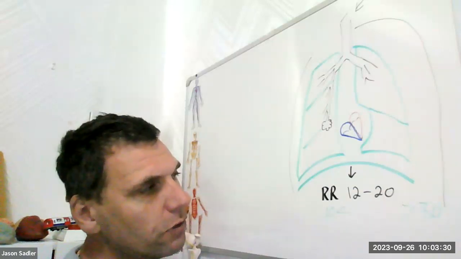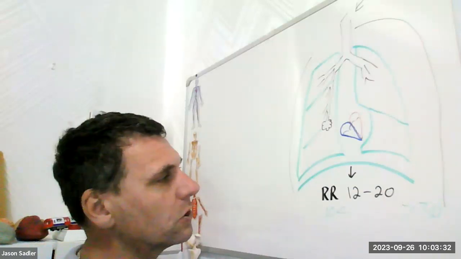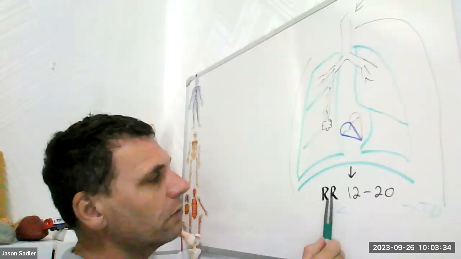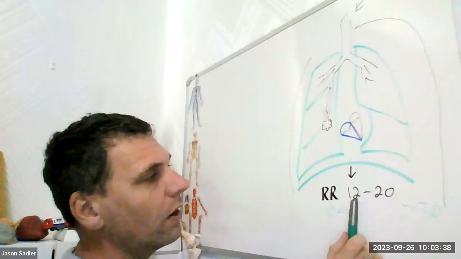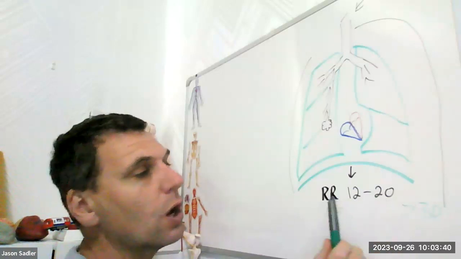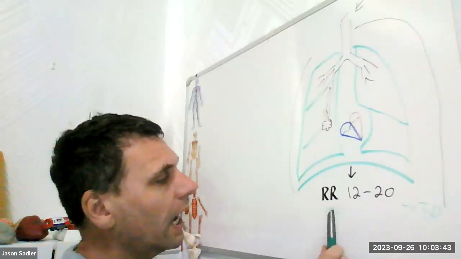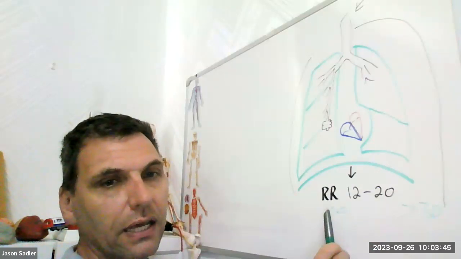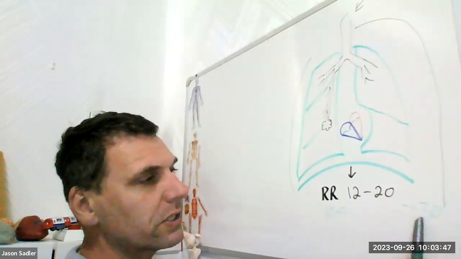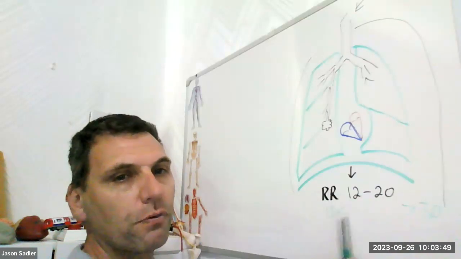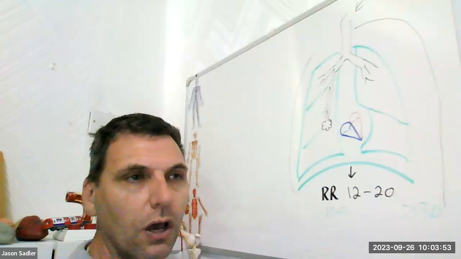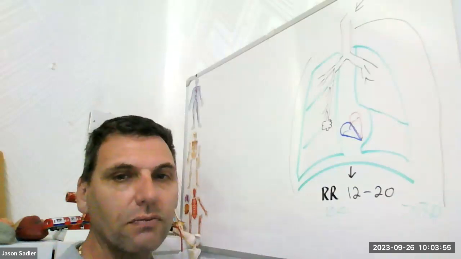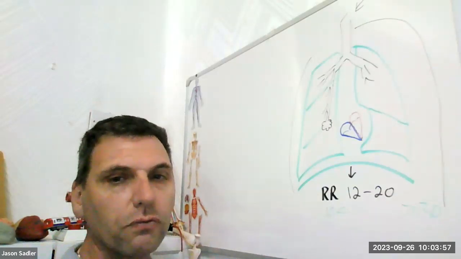These are important numbers that you now need to know. So the respiratory rate in the average adult at rest would be 12 to 20 breaths per minute. If it becomes less than 10 or greater than 30 breaths per minute, that's when it's going to cause us concern. But remember, we never ever diagnose on one thing alone.